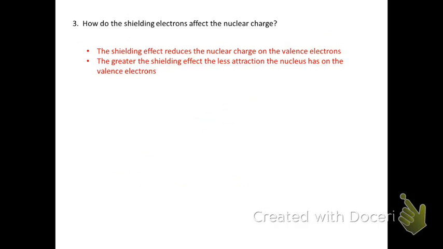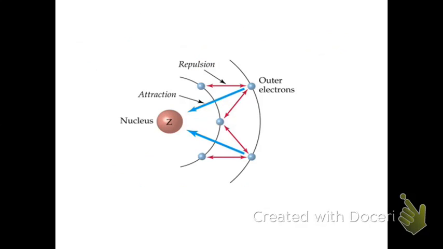So if we come back to our diagram here, you can see the repulsion forces. Repulsion due to these inner electrons is going to push those valence electrons further out from the nucleus, reducing the nuclear charge.